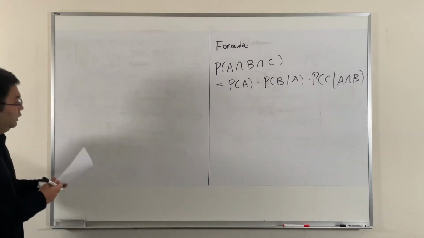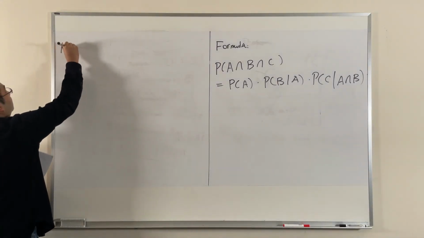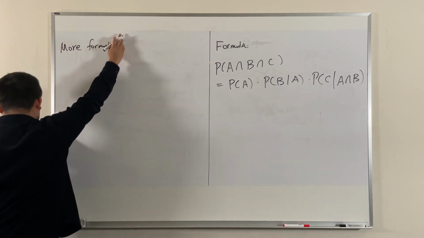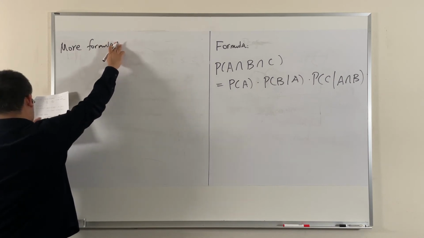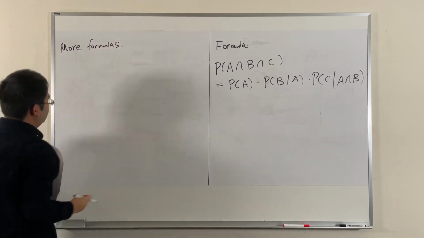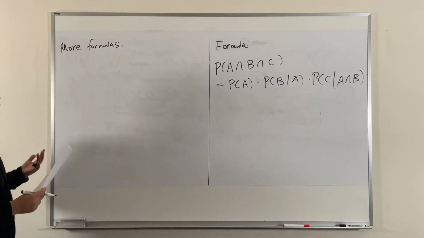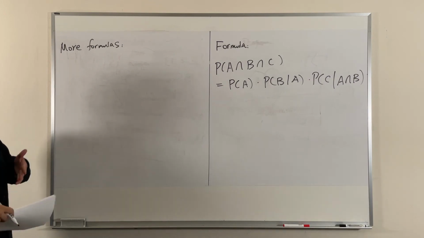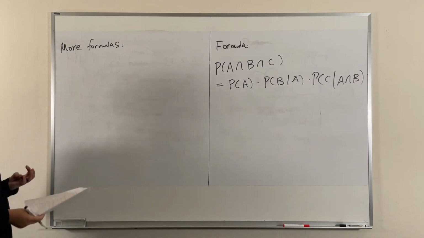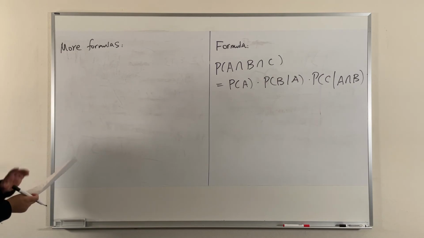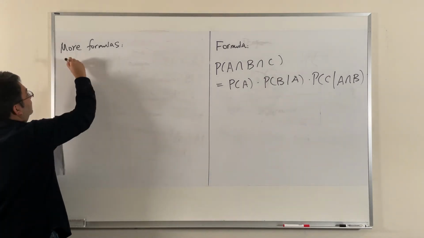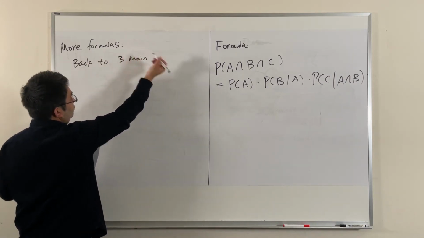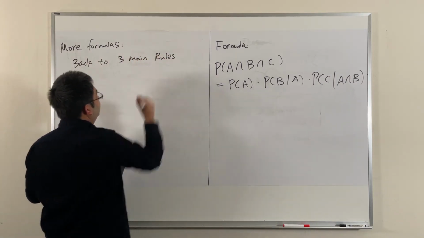Okay, more formulas. And the next formula I'm going to talk about is based on the 3 main formulas that we discussed in the previous videos. So let's go back to the 3 main rules or formulas of probability.